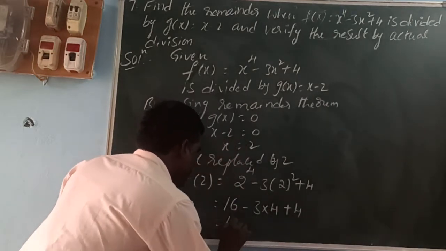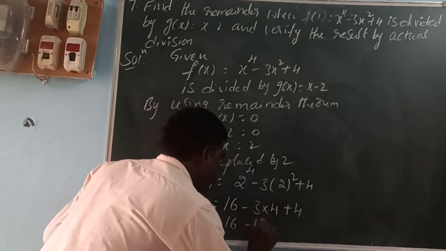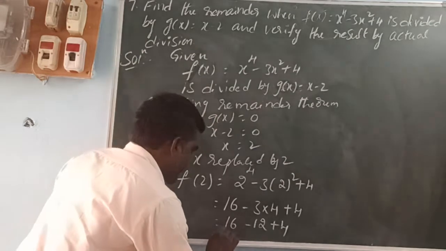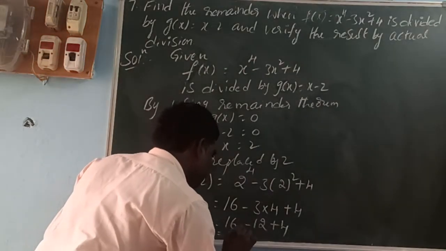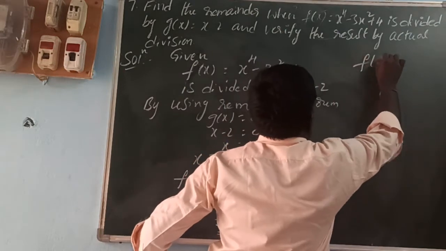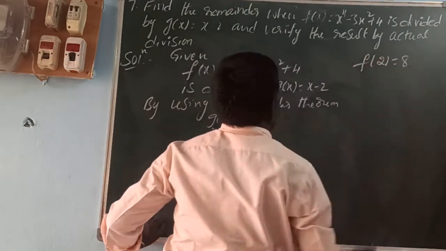So 16 minus 3 fours, 12, plus 4. So 16 minus 12, that is 4, plus 4. So f of 2 is equal to how much? 8. The remainder is 8.